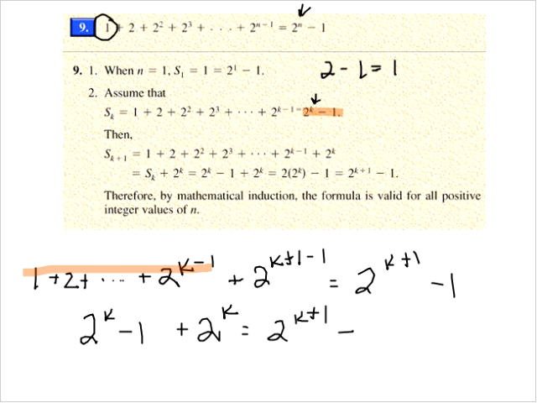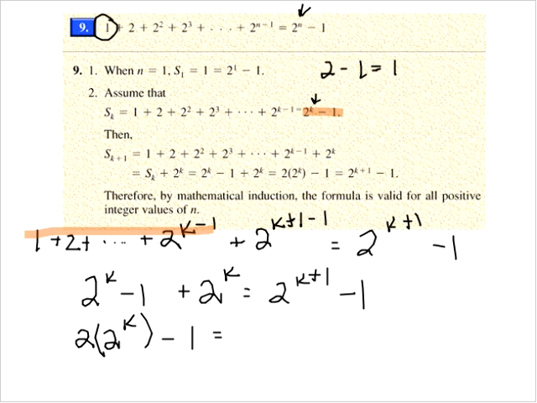And now I want to show that these two sides, in fact, are equal to each other. All right, and now I'm going to try to simplify this. I have 2 to the k minus 1. I'm kind of running out of room here, so maybe I can kind of bring things up a little. We're trying to get that so it's a k plus 1.